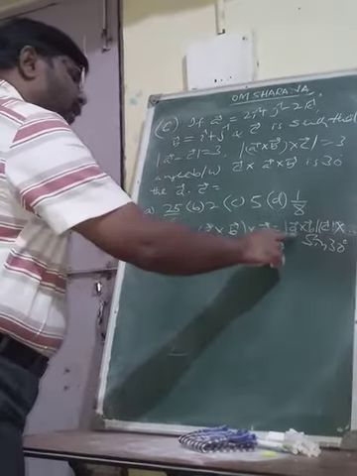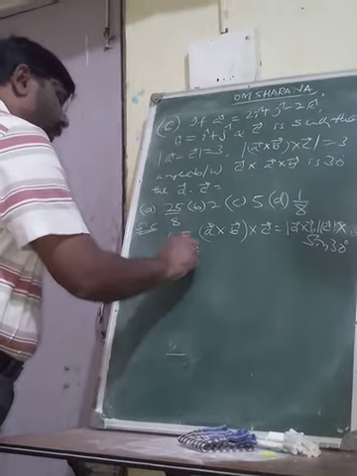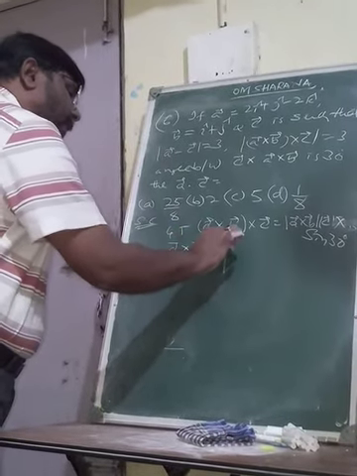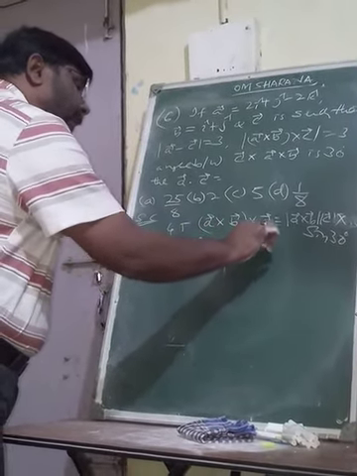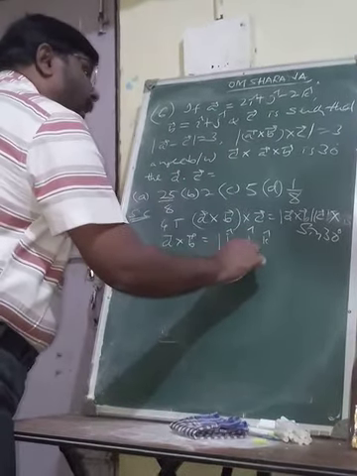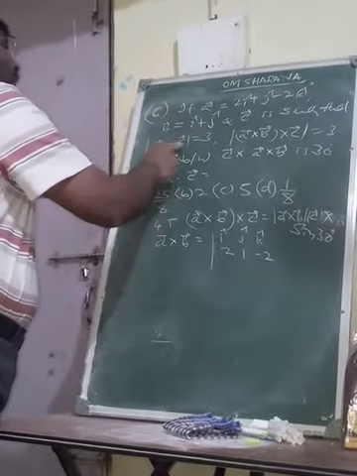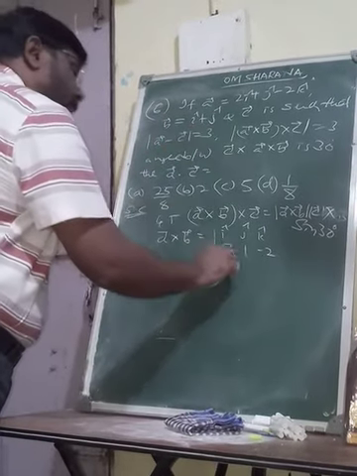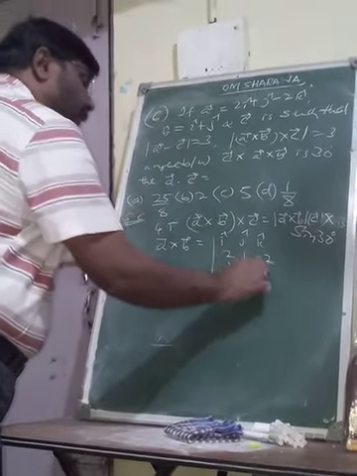Next, we have to find A cross B. A cross B equals the determinant with i cap, j cap, k cap, then A: 2, 1, -2, and the direction ratios of B: 1, 1, 0.